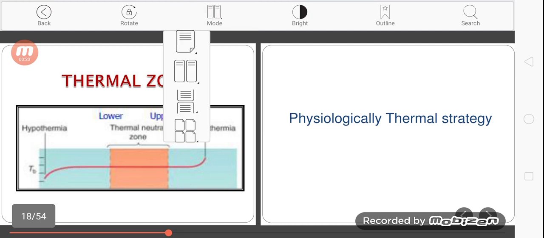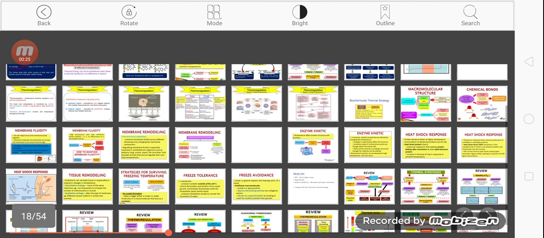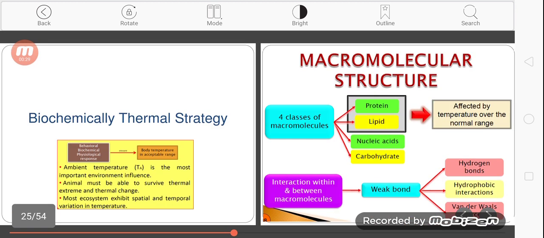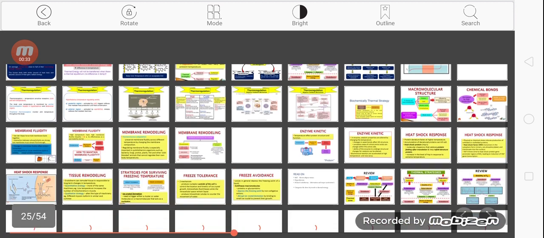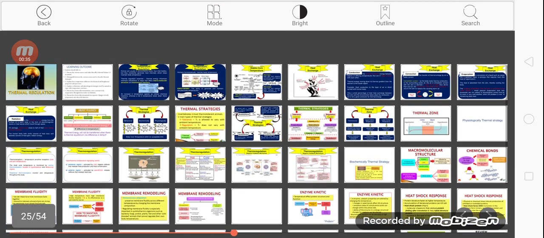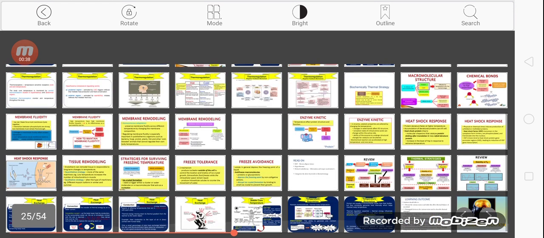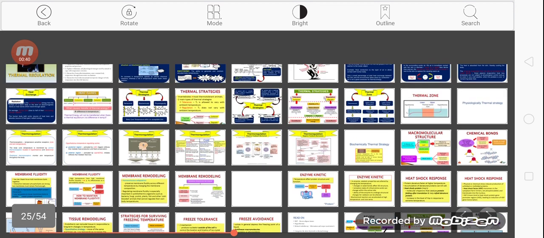Today I'm going to cover the biochemical thermal strategy, and also additional notes from the second notes that I attached for you last Monday.